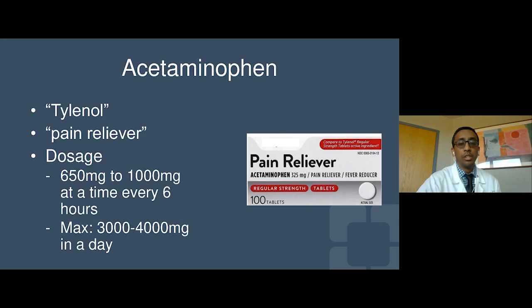This dosing is the standard dosing of 325 milligrams. There's extra strength acetaminophen, which would be 500 milligrams. Usually it's two Tylenol at a time, whether that's the 650 total or 1,000 milligrams. And again, not to go past the 4,000 milligrams.